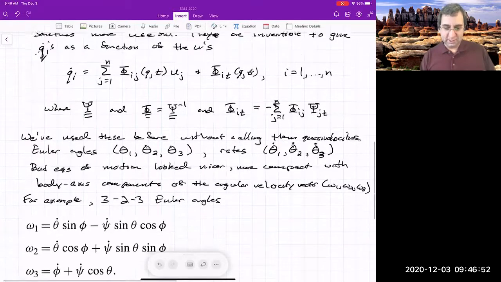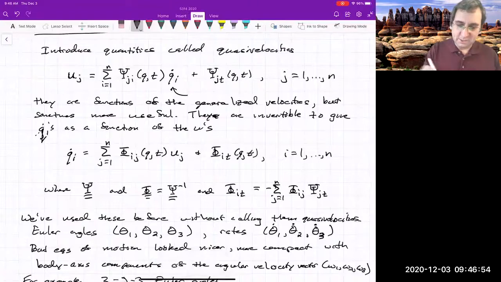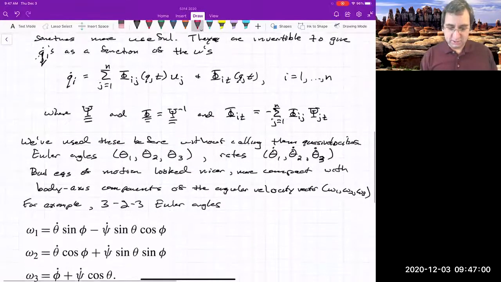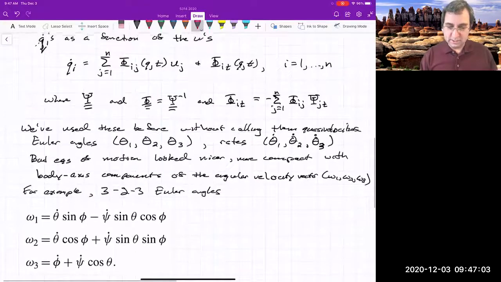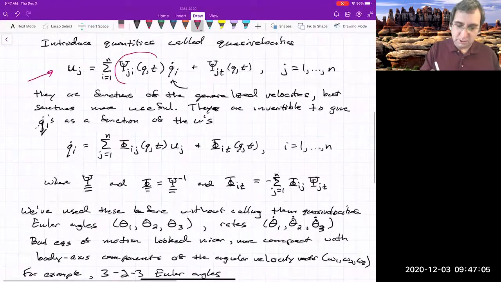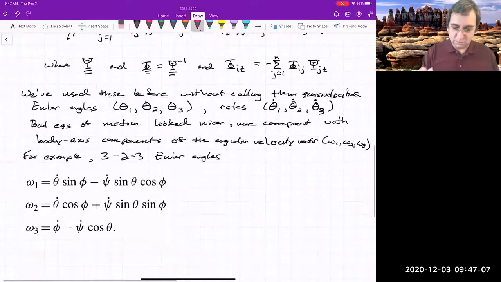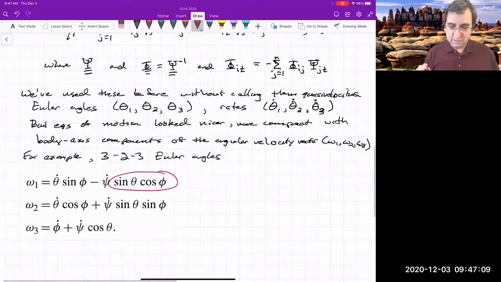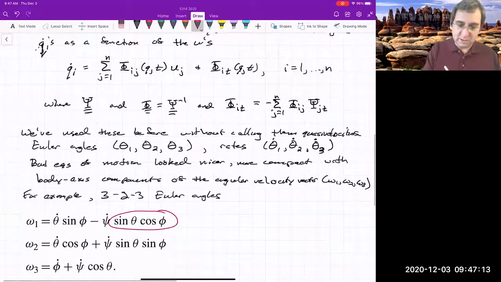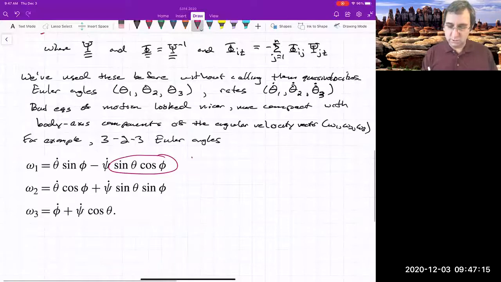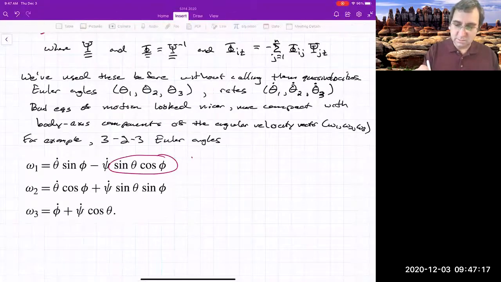So this is exactly looking like this equation up here, where the q_i dots are these Euler angle rates. And you can see that the components of this actually do depend on the generalized coordinates q. And then of course we could write its inverse, which was something else.